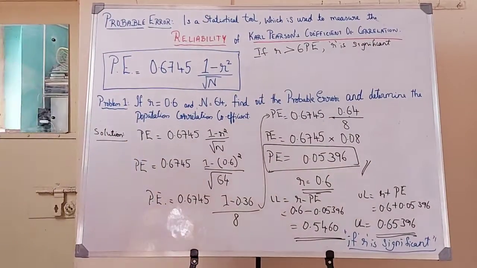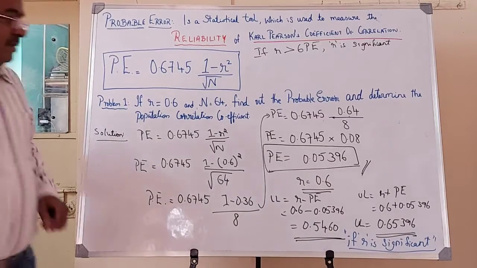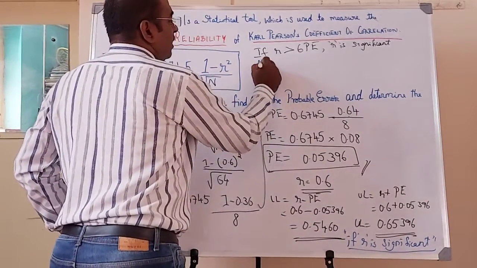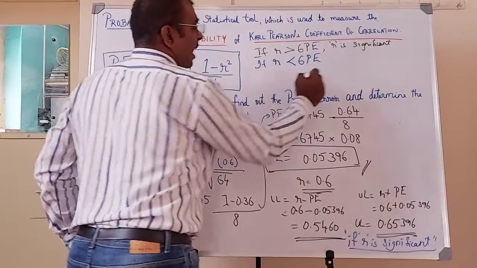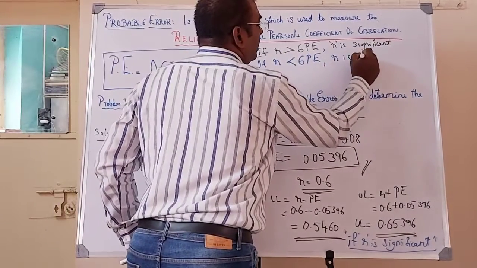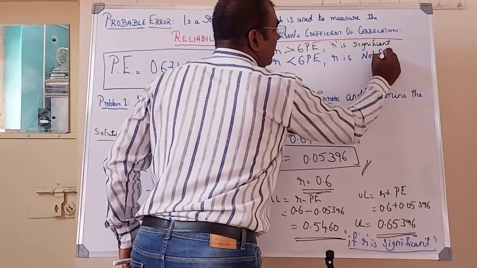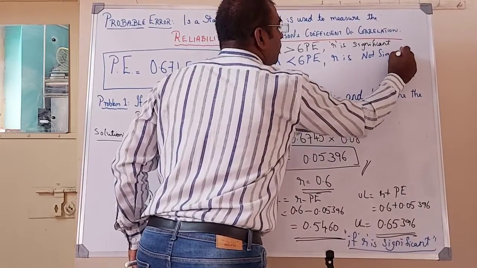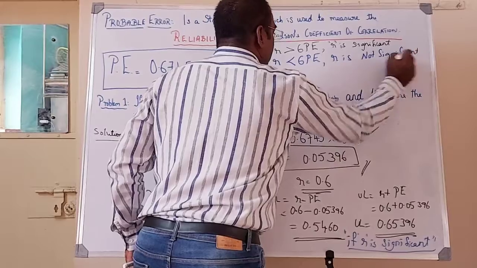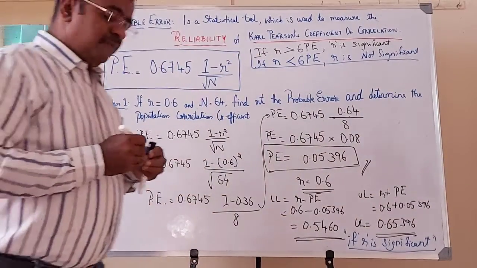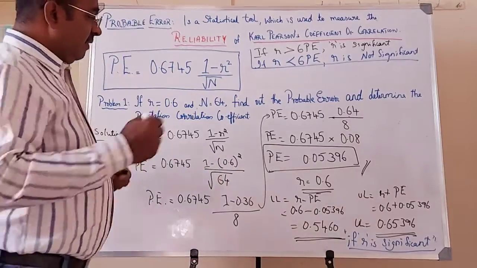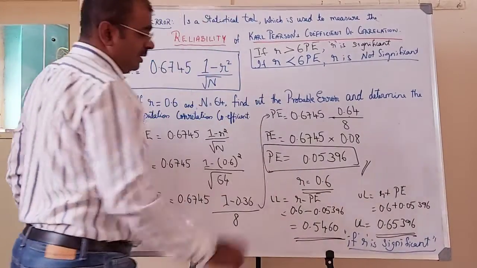And the same, if r is less than 6 times probable error, r is not significant. Now we have our r given in the problem as 0.6.